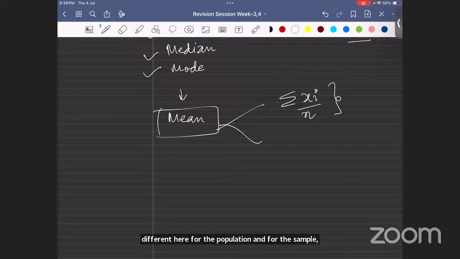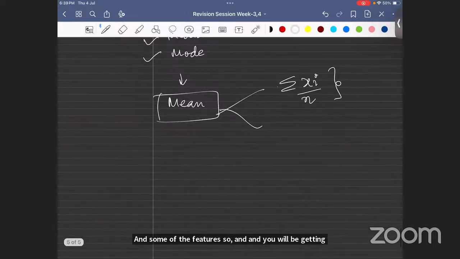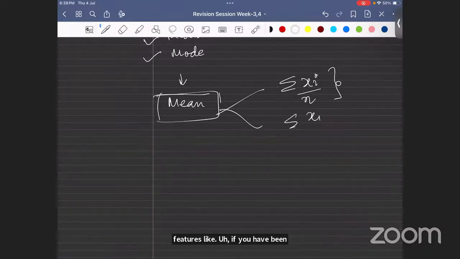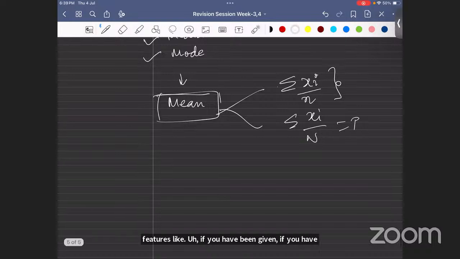And you will be getting questions in the exam on these features. For example, if you are calculating the mean for discrete data, the formula is basically the summation of x upon n. This is for the population and this is for the sample.